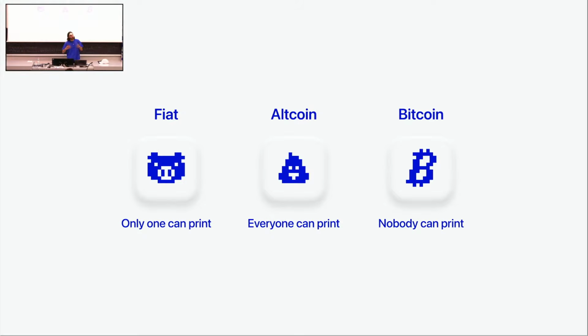With Bitcoin, no one can print more, because Bitcoin has a limited and completely scarce, let's say finite, supply, which is 21 million. That's it. The production of Bitcoin started in 2009, and it's going to end in 2140.